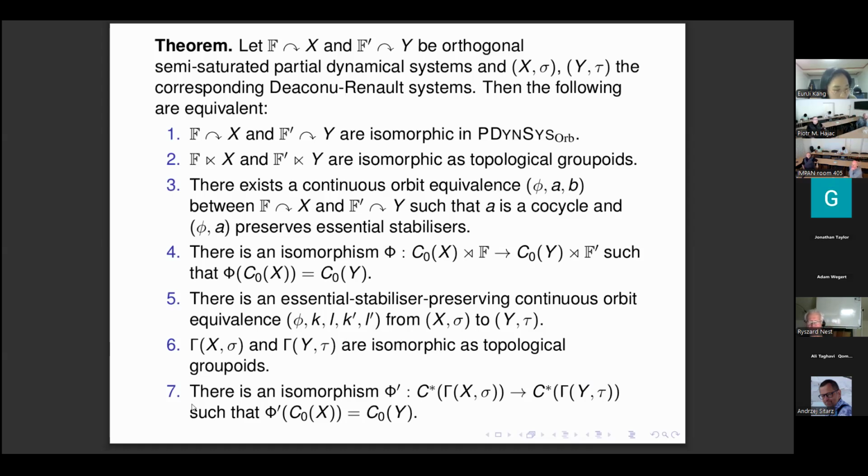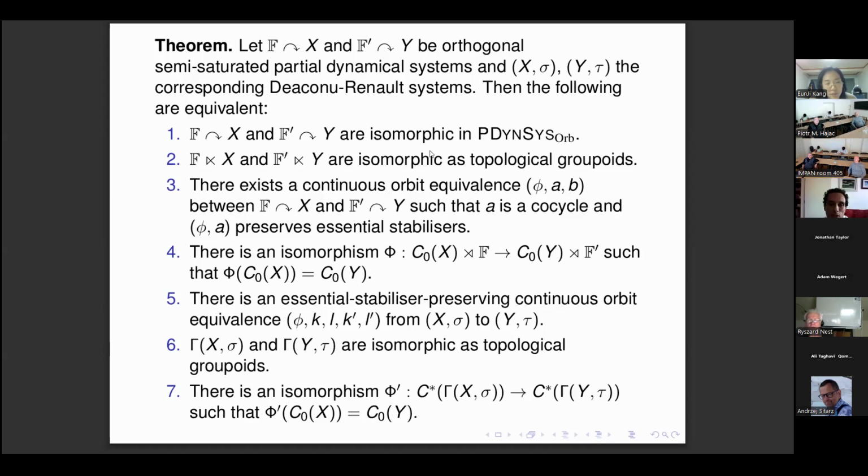Okay, so let's look at this one. Here F and F prime are free groups. They have the same number of generators, I guess, right? No, they don't need to have the same number of generators. It can be different.